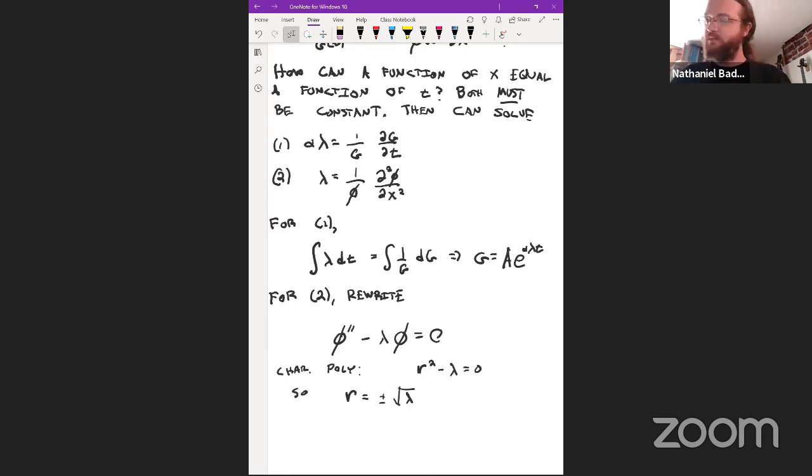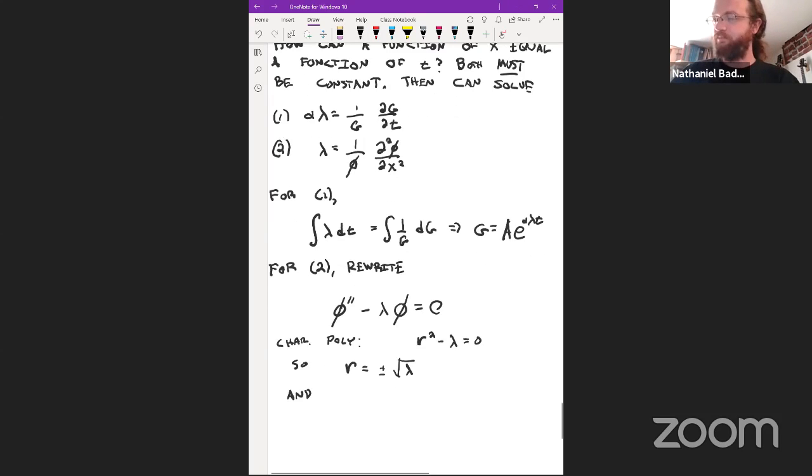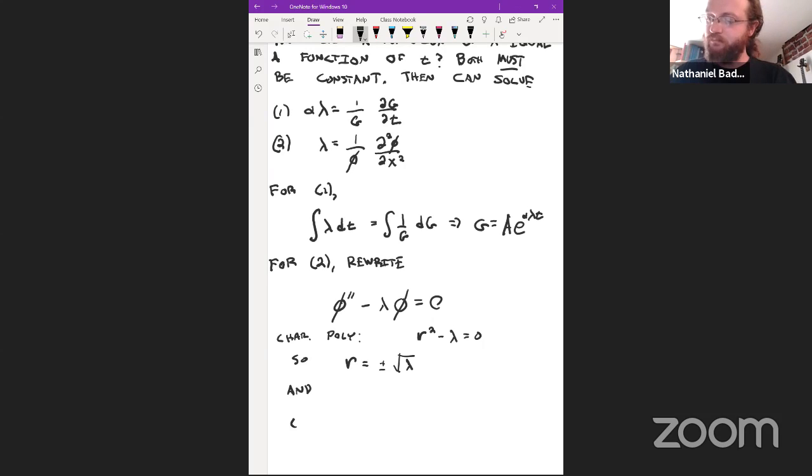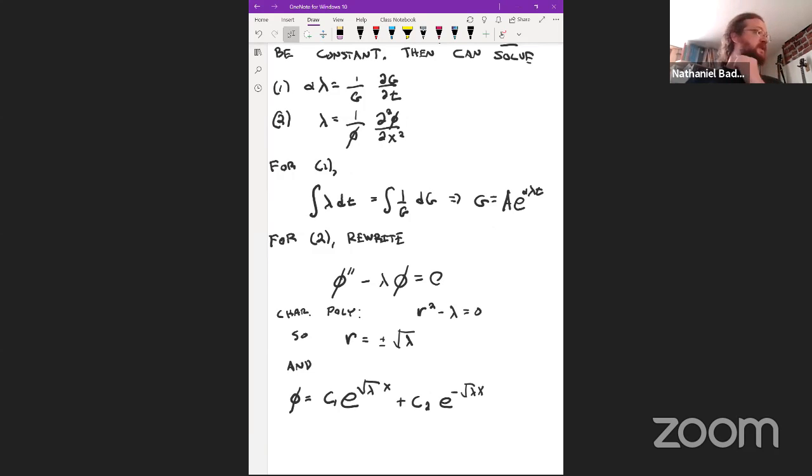So we've got that, and we have our solution. Phi is equal to C1 e to the root lambda x plus C2 e to the minus root lambda x. Great. And that's it. So we can then write our whole solution.